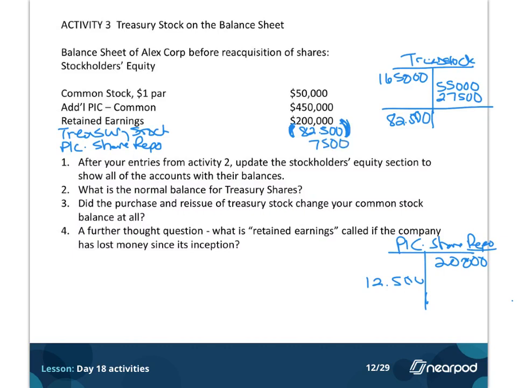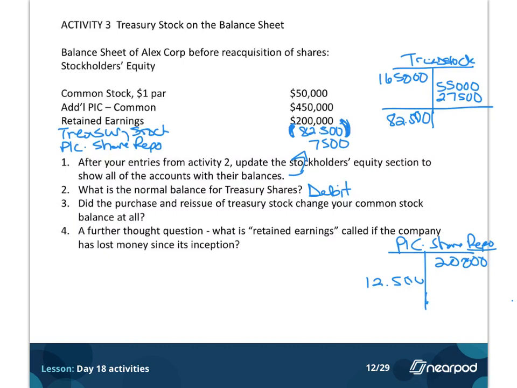And that's basically what would happen on the balance sheet. Okay, so that's the answer to number 1. Number 2, the normal balance for Treasury shares. You know what normal balance means. Is it a debit or a credit? You would say it's a debit. We wouldn't see a credit balance in Treasury shares.